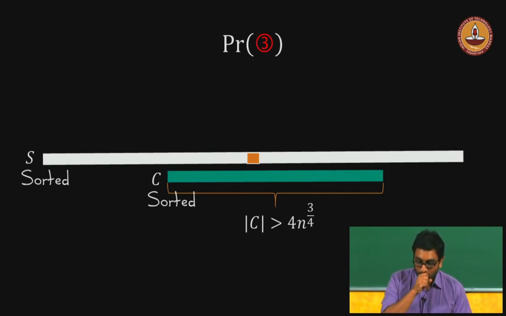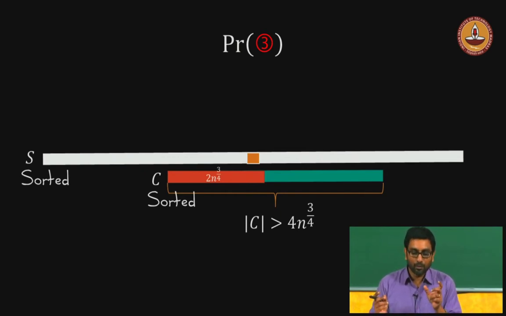So, let us say the bad event occurs, which means now the cardinality of C is more than 4 times n to the 3/4. Then you can look at the bottom 2 times n to the 3/4 and the top 2 times n to the 3/4, and they are going to be disjoint, right, because the overall width is more than 4 times n to the 3/4.